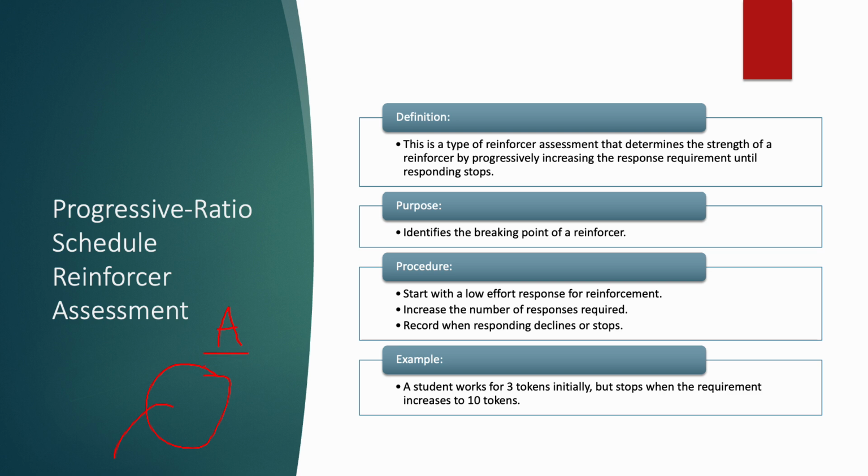The first time they only have to engage in the behavior once to earn the reinforcer, right? So they do it one time and then they earn the reinforcer. But then the next time they have to engage in the behavior twice in order to get the reinforcer. And then the next time they have to engage in the behavior 3 times in order to get the reinforcer, and so on and so forth.